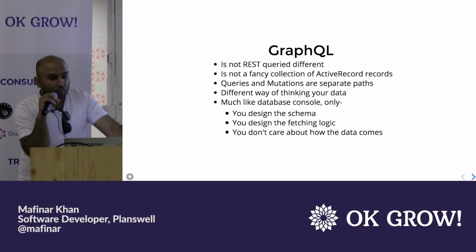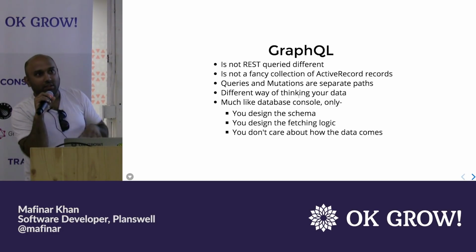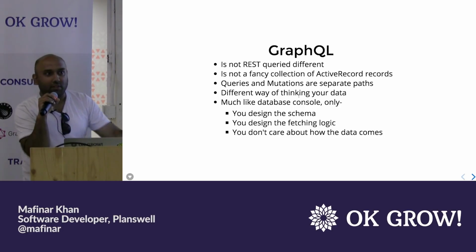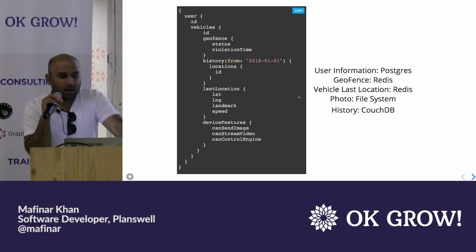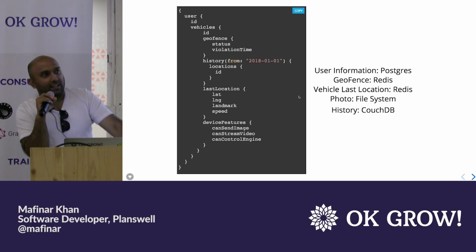It is a completely different way to think about your data, because before that, our brains were used to relational databases, and REST didn't quite help, because no matter what REST says about resources and other stuff, most of the time you end up mapping your database as a REST resource, whether it's good practice or not. A lot of people get away with it. So we ended up thinking in a different way, and we finally got it out, because it's not the same way you think of it.